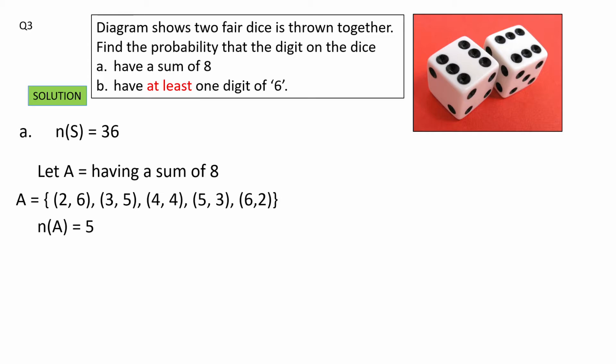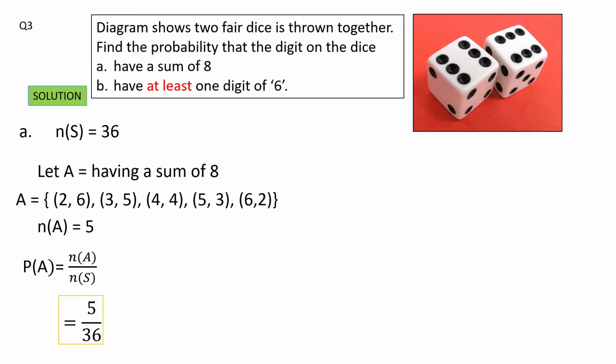So the number of event A equals 5. Now, since you have the number of event A and the number of the sample space, you can calculate the probability of event A, the event of having a sum of 8. Substitute the values, so it is 5 over 36.